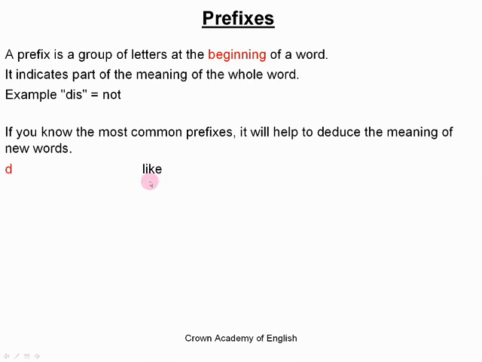Okay? So, if you also know the prefix dis, then you will understand this new word. Okay? So if you know dis means not, then we understand that I dislike him. We understand that that means I do not like him. Okay?